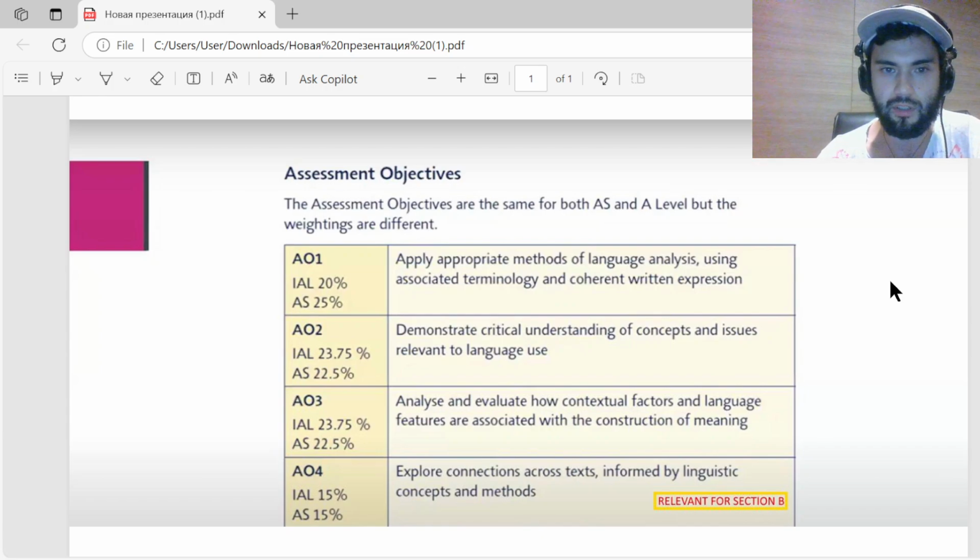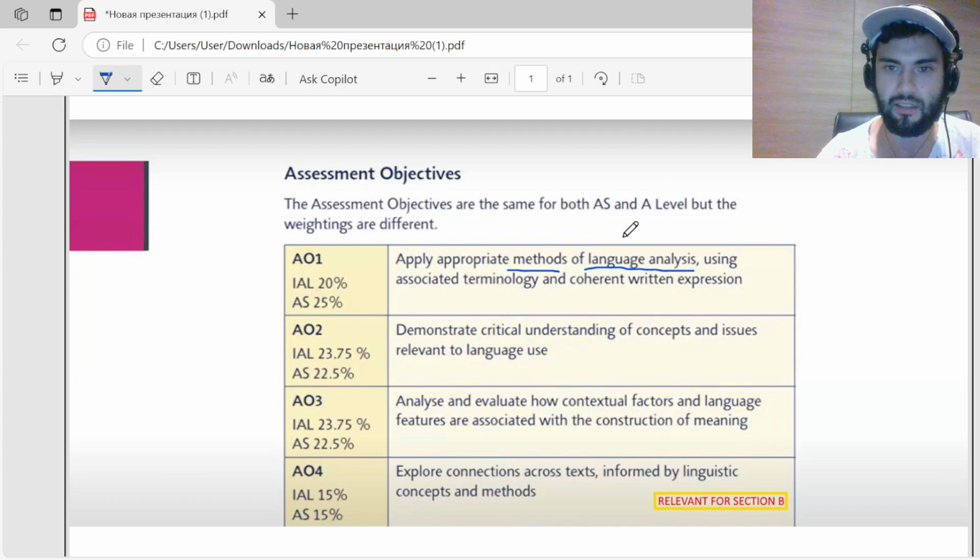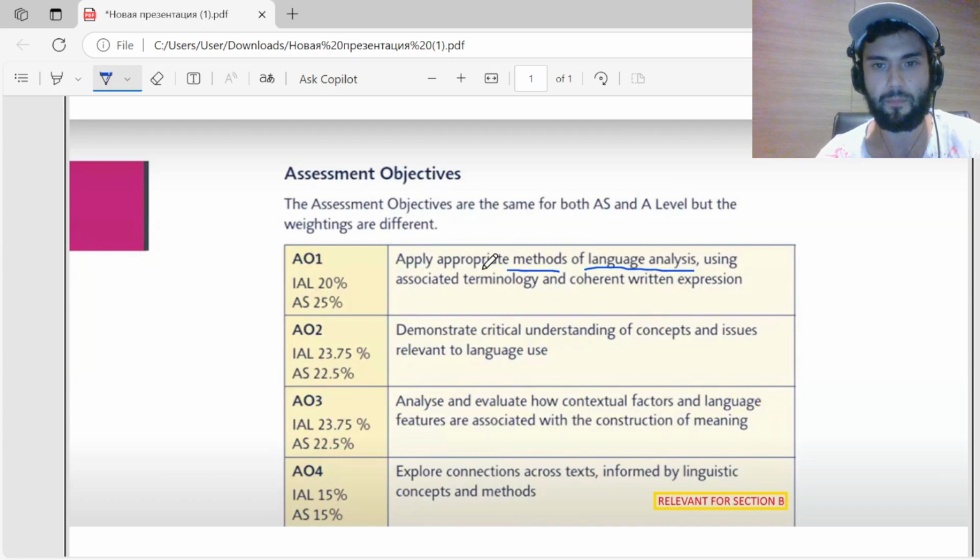So the first one is apply appropriate methods of language analysis using associative terminology and coherent written expression. So this one means that we obviously write in standard English, and the main part is methods of language analysis. Of course, they should be appropriate.